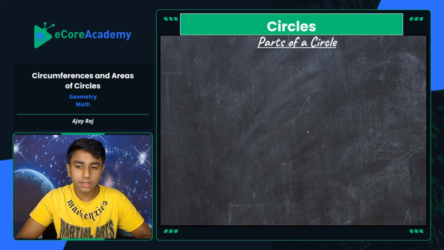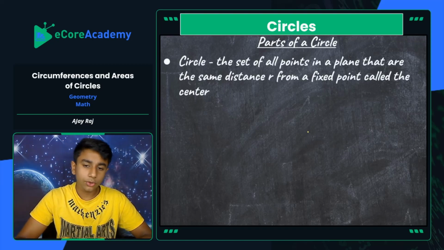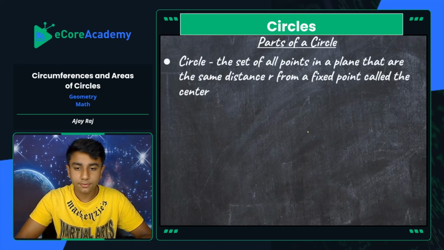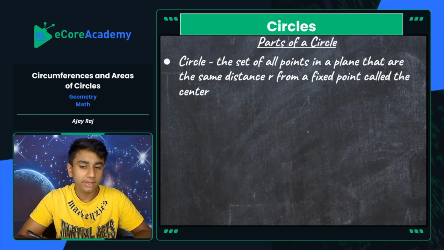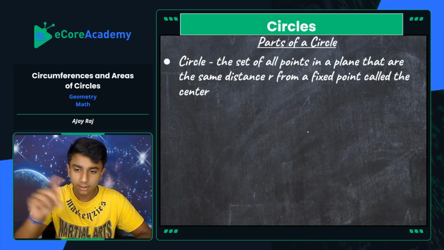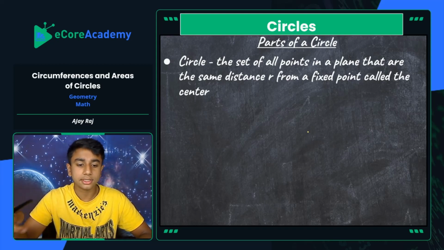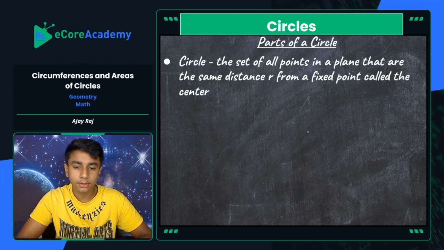So let's look at the parts of a circle. By the definition of geometry, you might think of a circle as just a circular thing that exists by all sets of curves. Well, it's much more complex than that, and it can be explained entirely by the laws of geometry.